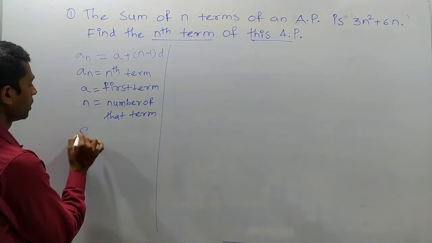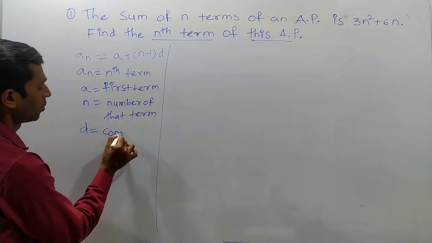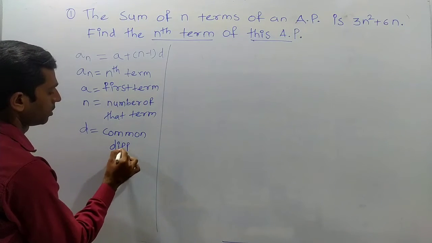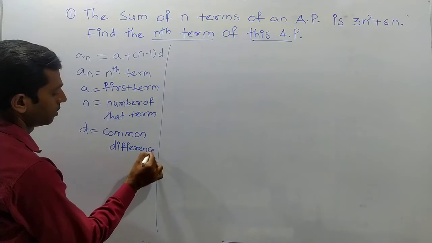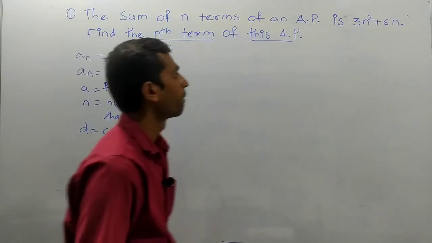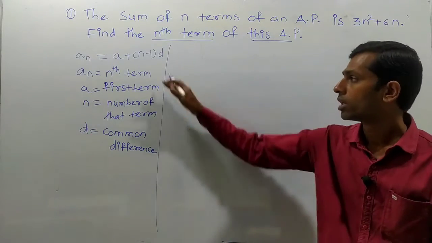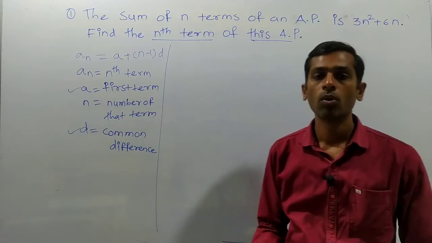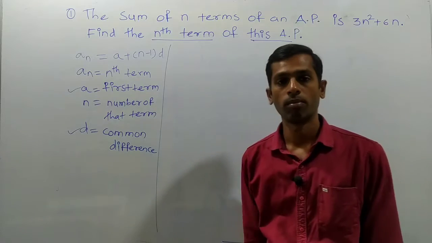And what is d? d is the common difference. Now if we get the values of a and d, we can easily calculate the nth term.